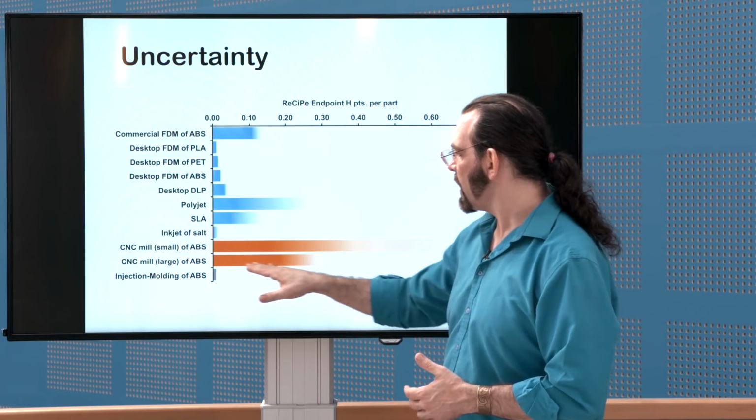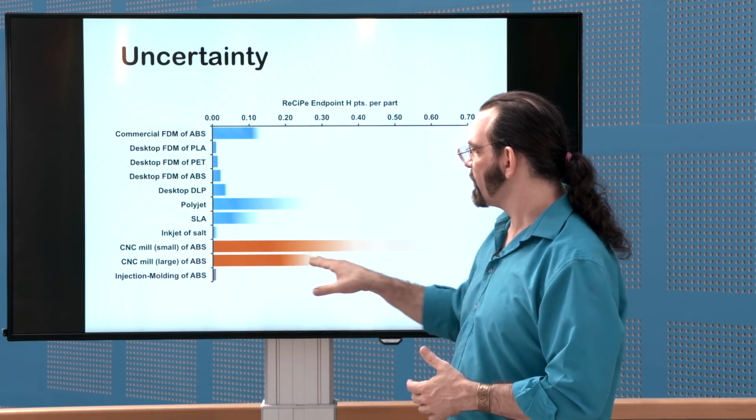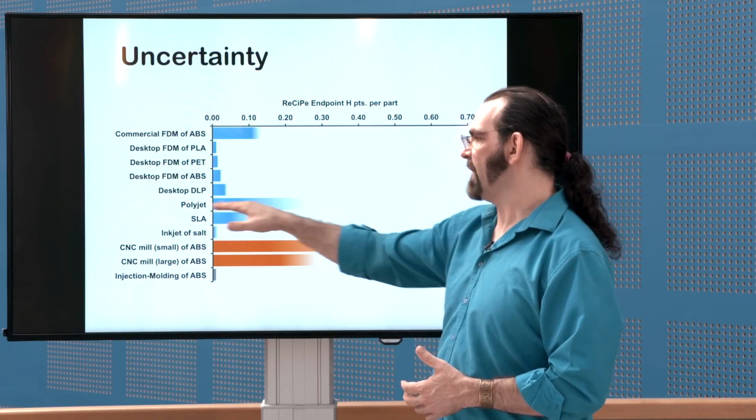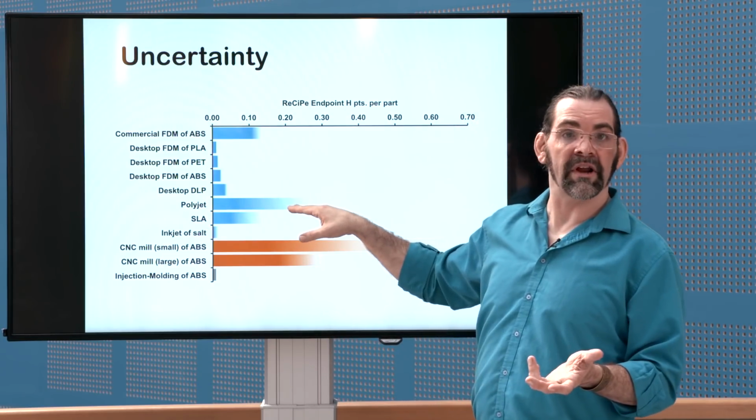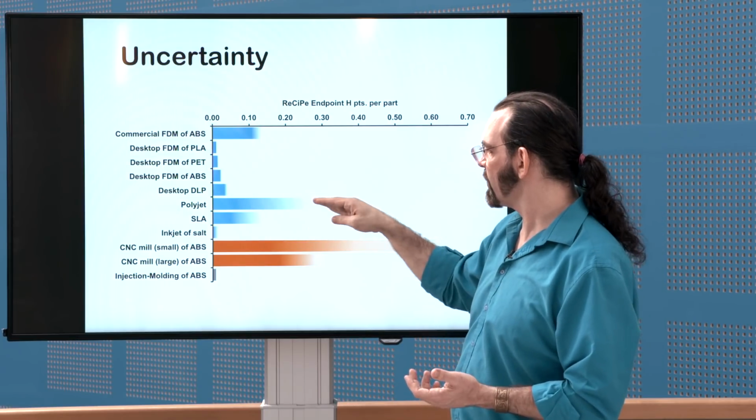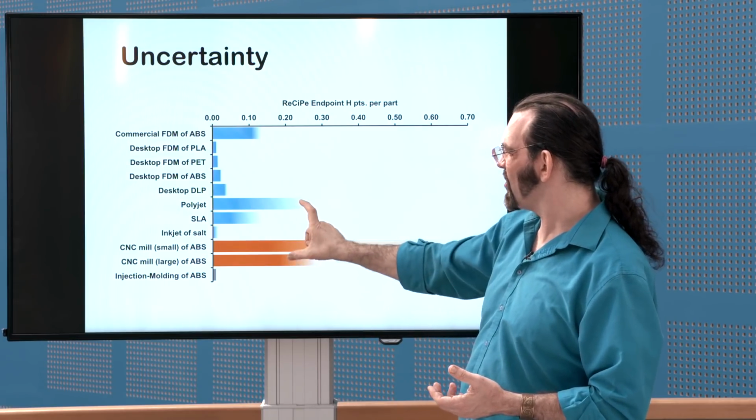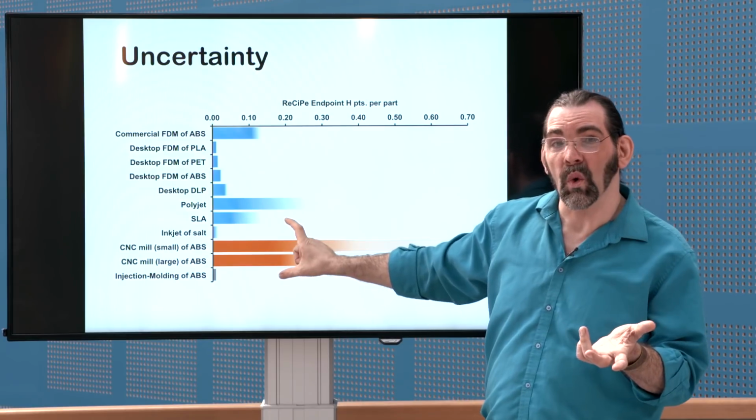But I could say, well, there's a lot of uncertainty here, and if I'm comparing it against this particular 3D printer, there's a lot of uncertainty here as well, and so I don't actually know which one is better.